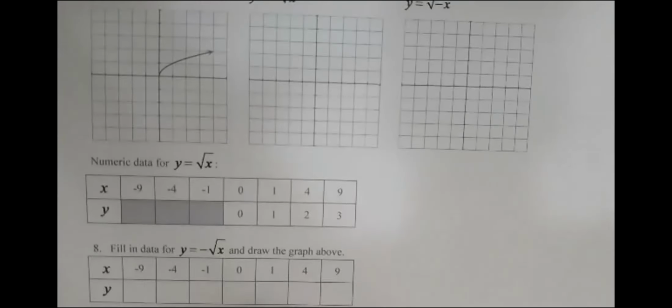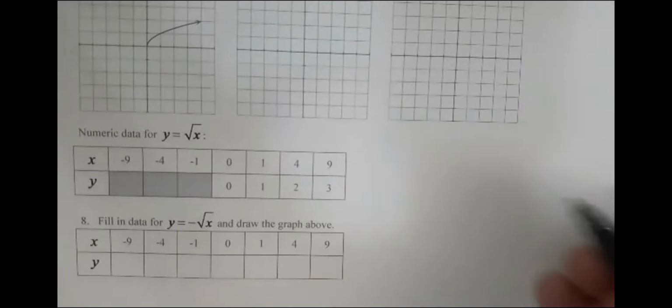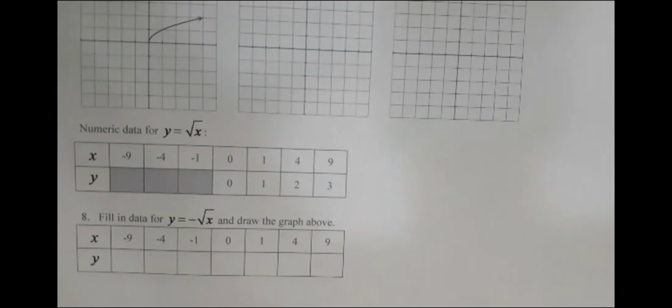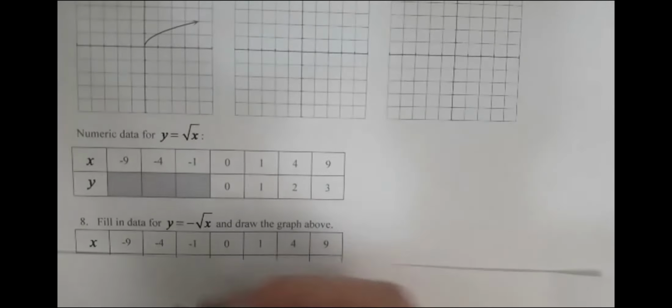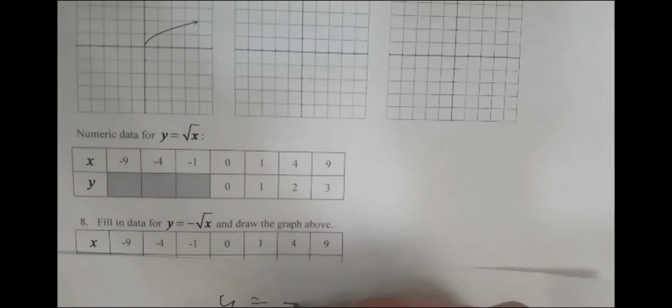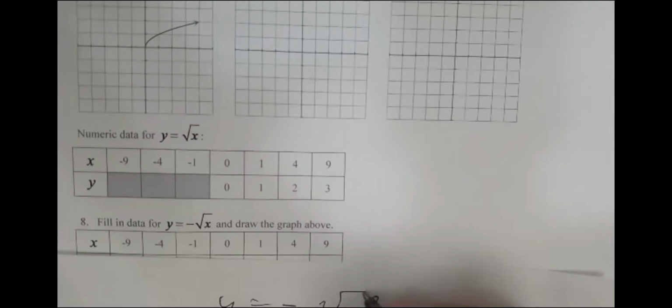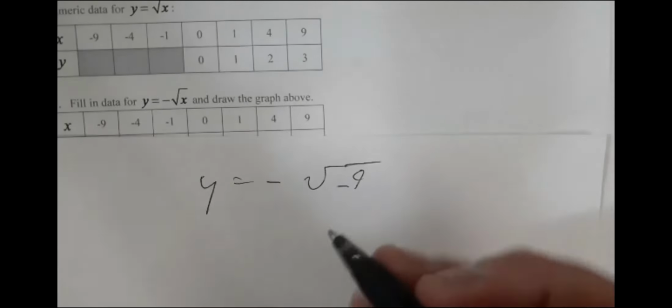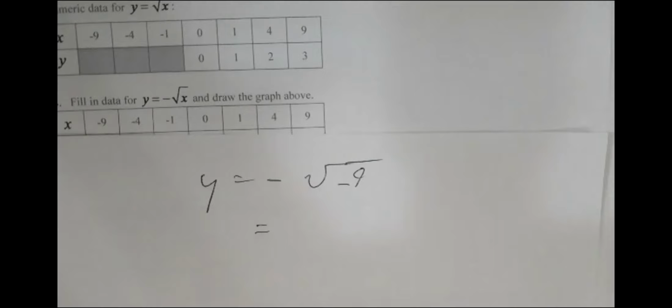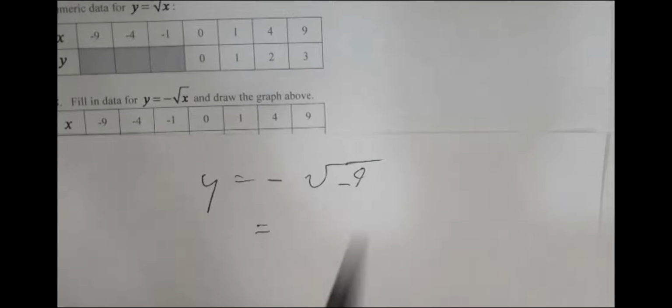So let's start with this first one. If we take a negative square root of x, we're going to start with a minus 9. So y equals minus square root of a minus 9. So we're looking at this. We look at it a third time, and we notice there's a negative inside a square root.